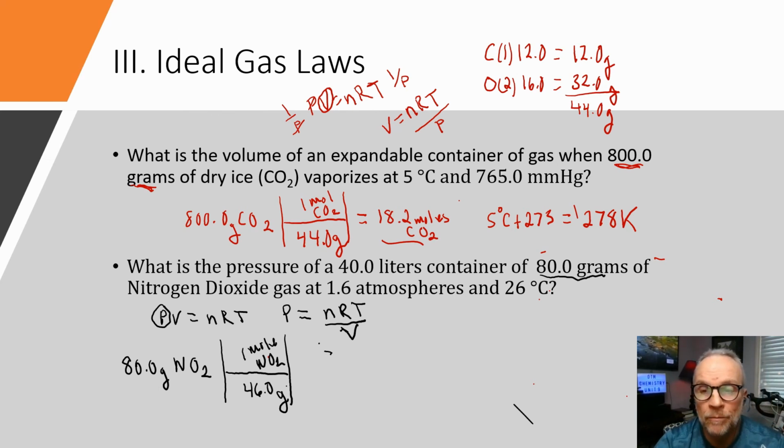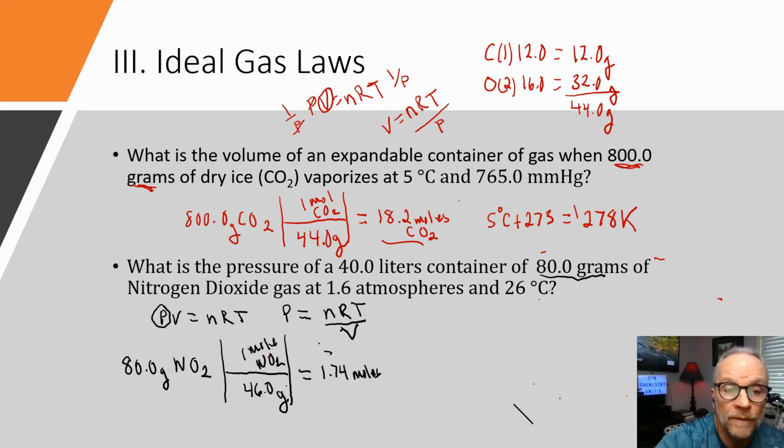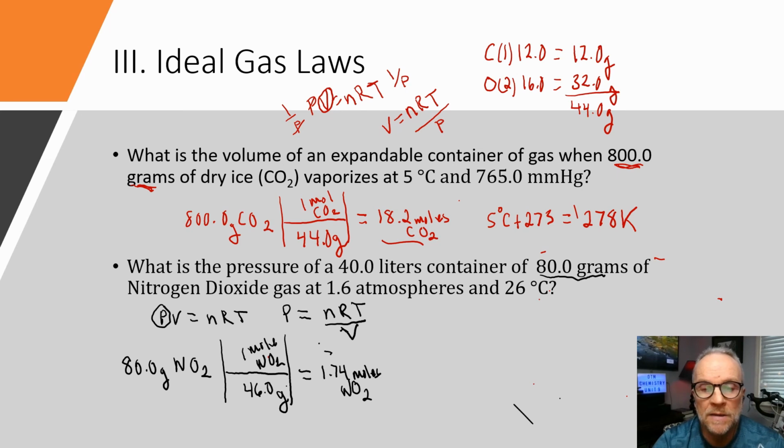Okay, 14 plus 32, right? 14 is nitrogen's weight. 2 times 16 is 32. So 14 and 32 would be 46. And if we do that, we get 1.74 moles of NO2 gas, nitrogen dioxide.